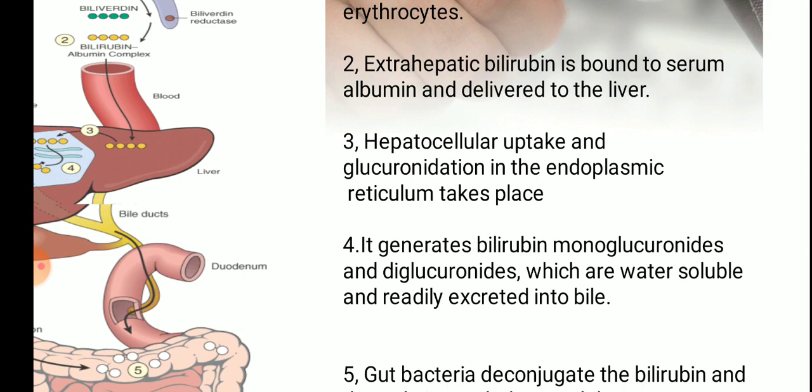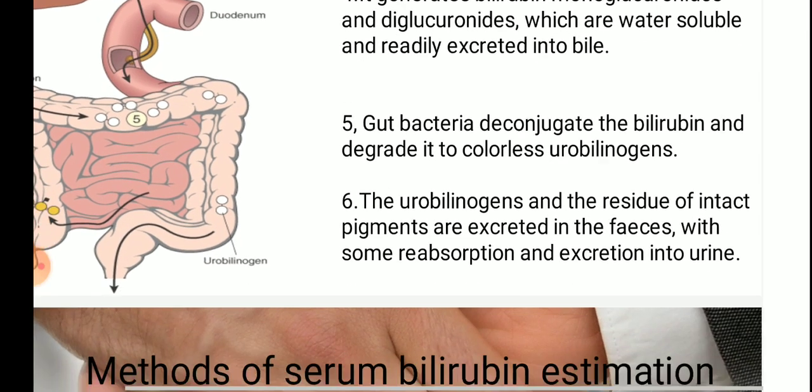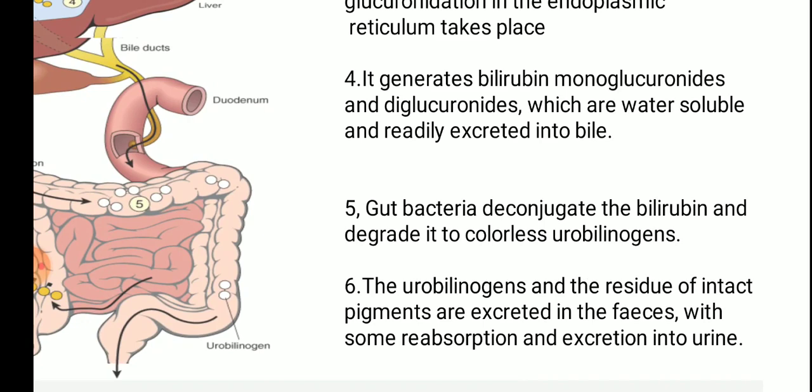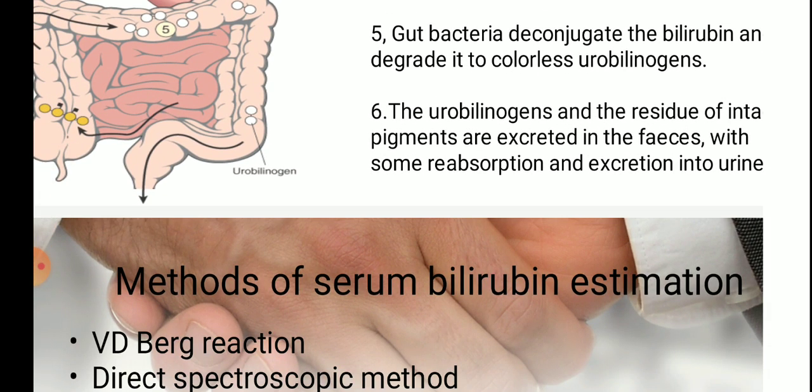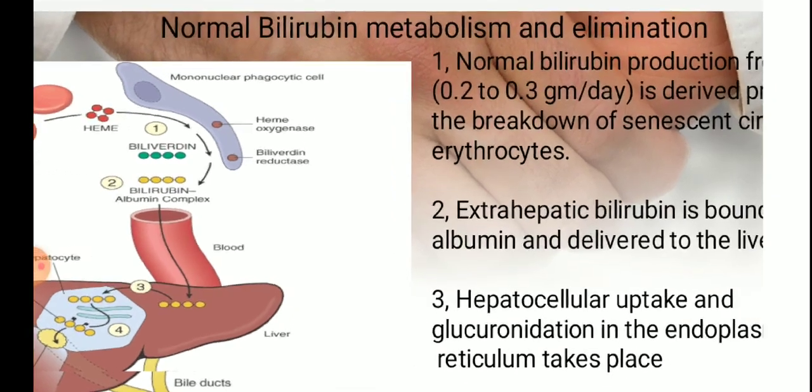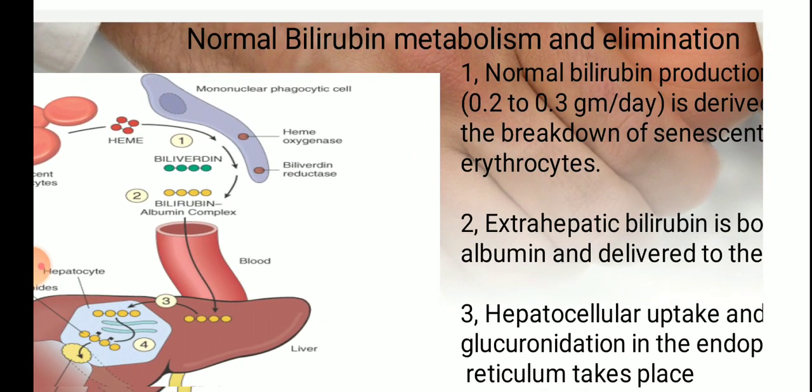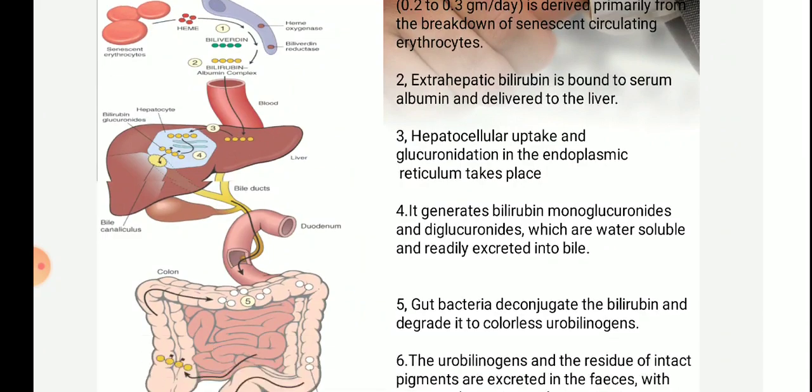This generates bilirubin monoglucuronides and diglucuronides, which are water soluble and readily excreted into bile. Gut bacteria deconjugate the bilirubin and degrade it to colorless urobilinogens. The urobilinogens and the residue of intact pigments are excreted in the feces, with some reabsorption and excretion into urine. So this was a brief of the normal bilirubin metabolism and its elimination.